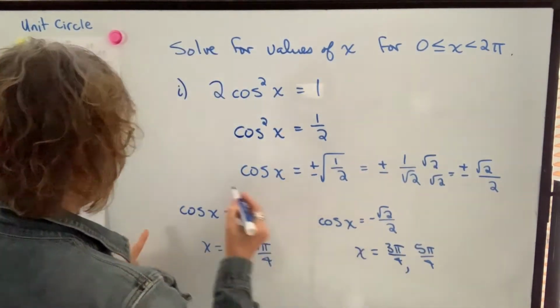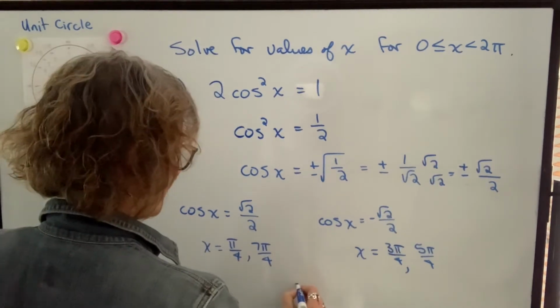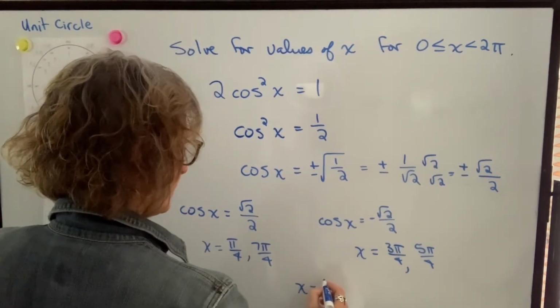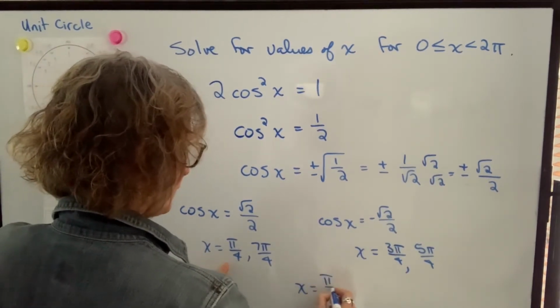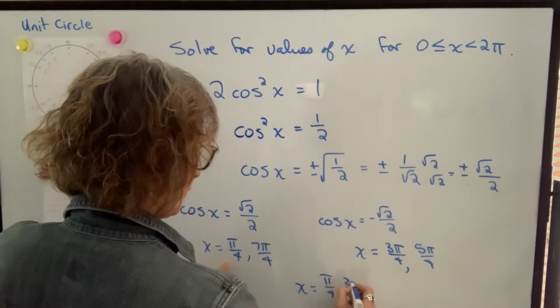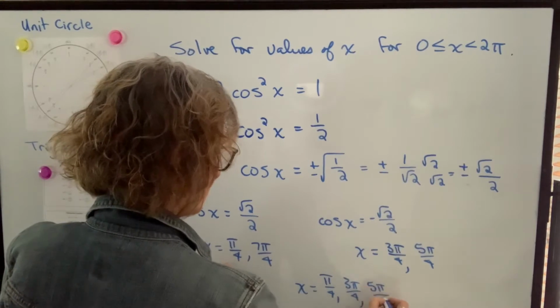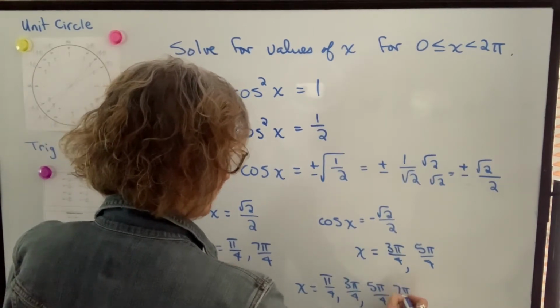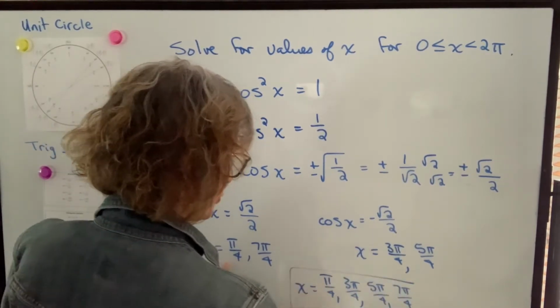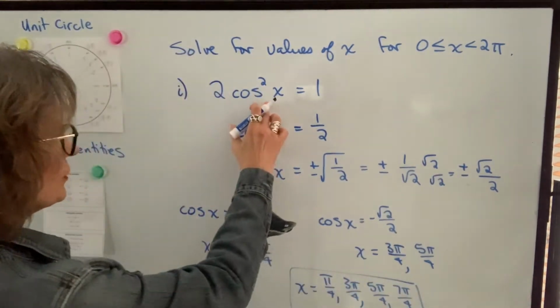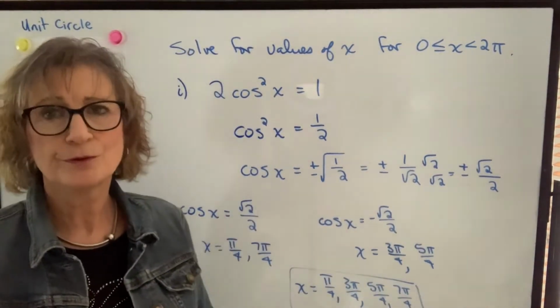So if I put all of this together, x will equal pi over 4, 3 pi over 4, 5 pi over 4, and 7 pi over 4. We can check that by putting each of these values into our equation and making sure it's true.